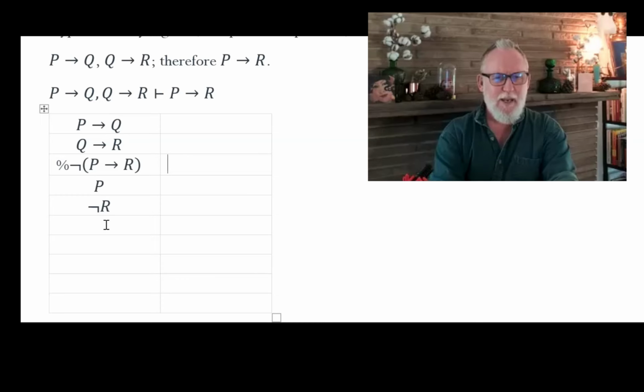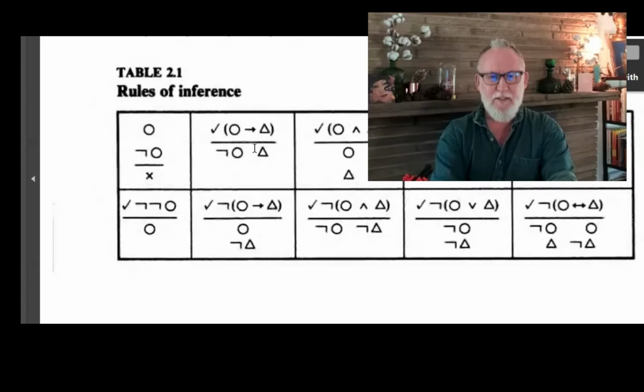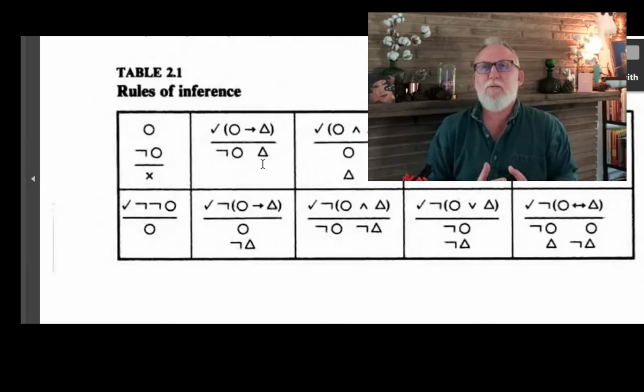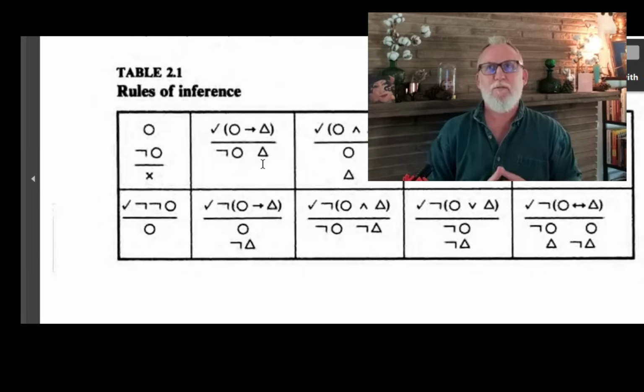And then we have the other rule, which takes the conditional and makes it into two columns, not circle or triangle. This is basically the rule of implication, if you're familiar with the traditional rules of inference.